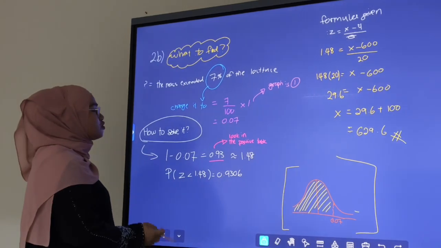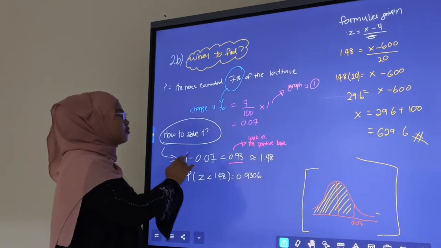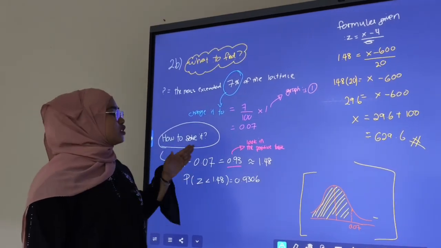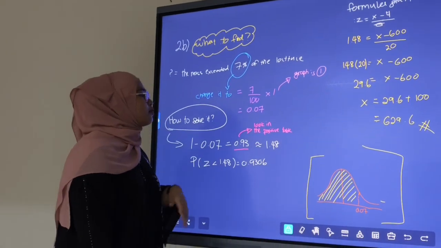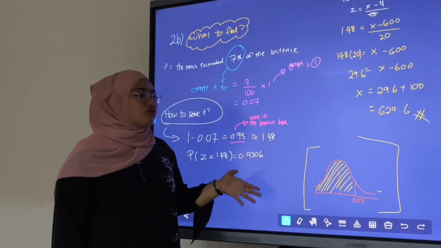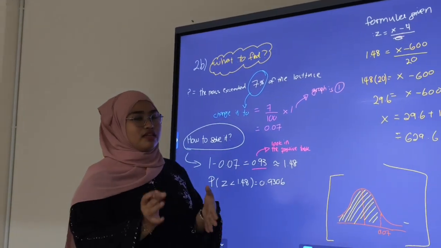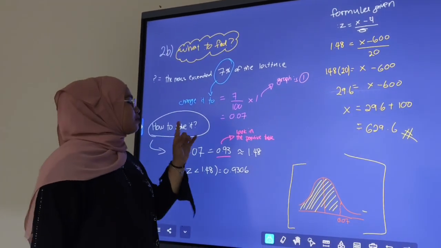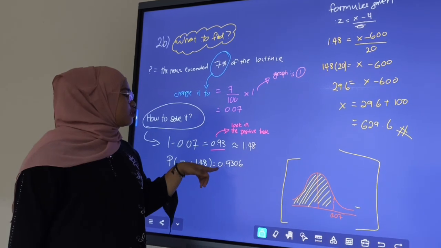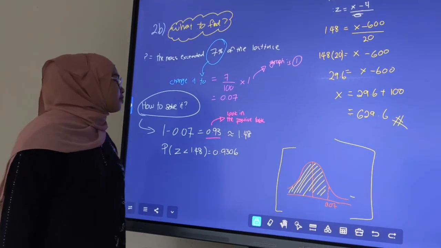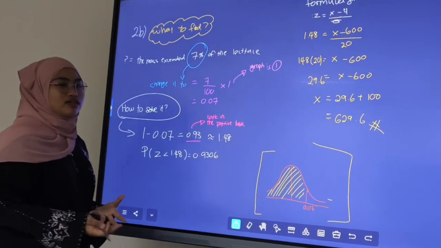First we use 1 minus 0.07, which is equal to 0.93, approximately closest to 1.48. If you look at 1.48 in the positive table, you're going to find the number 0.9306. But we cannot simply write it, right?